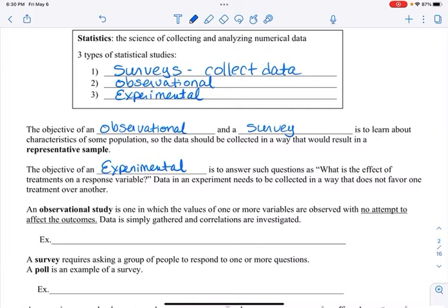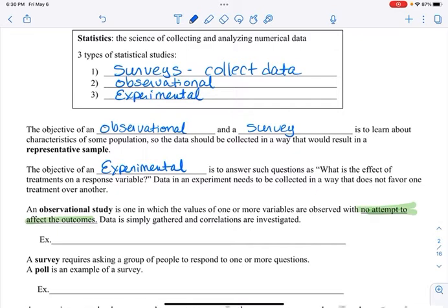So let's talk about an observational study, one in which the values of one or more variables are observed with no attempt to affect the outcome. So this right here is important. You're just observing. You're not trying to affect the outcome in any way. Data is simply gathered and correlations are investigated.